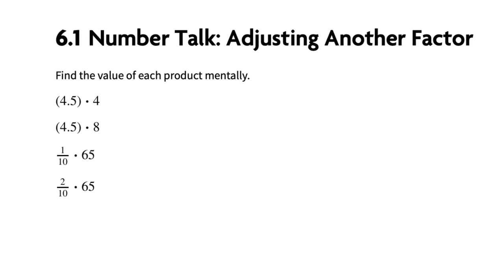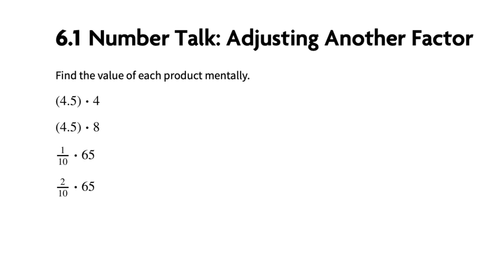It's similar to ones we've done in previous lessons. Basically, the idea is let's use a problem as a jumping point so that we could do future problems. So 4.5 times 4 is going to be our home problem.